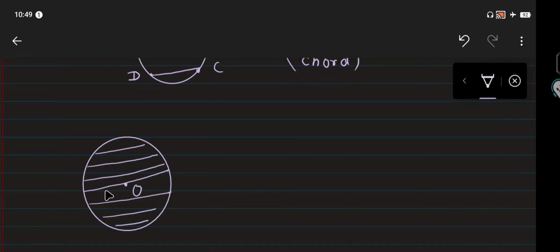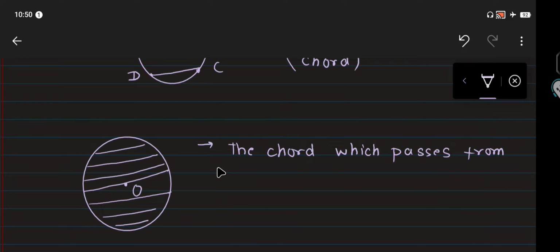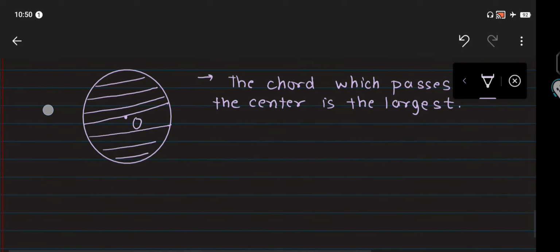And actually we have a name for it. It's called the diameter. So the longest chord on a circle is the one which passes through the center O. You can write it: the chord which passes through the center is the largest, and this largest chord is called the diameter.